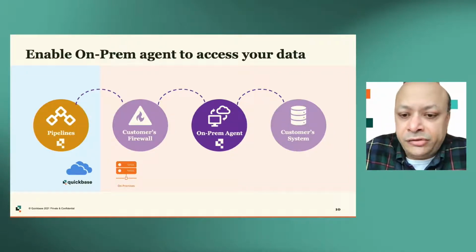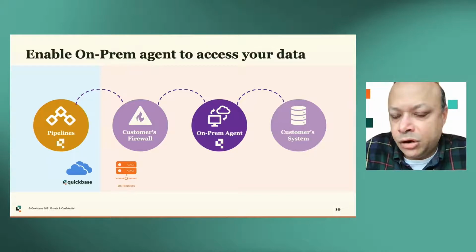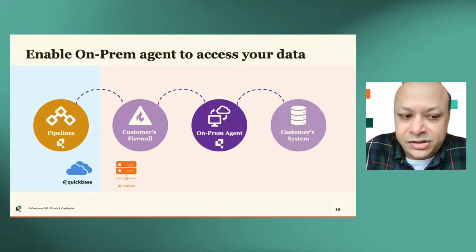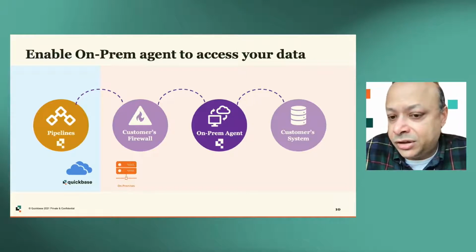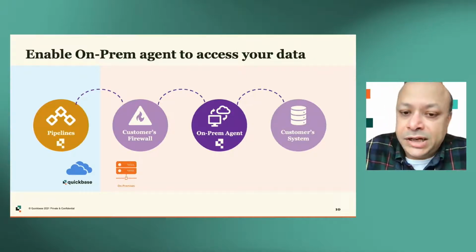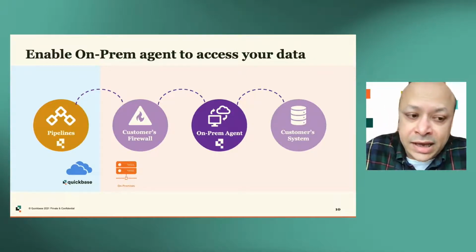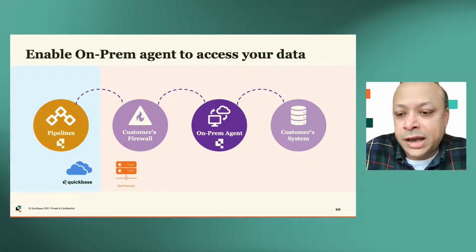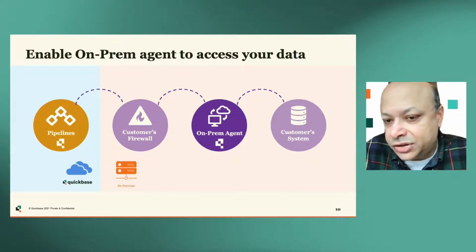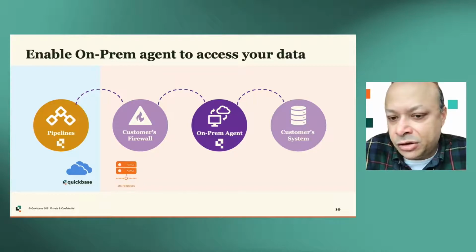The Onprem Agent then queries those records that are of interest and sends them securely over to Pipelines. And again, as I mentioned, this is bidirectional. Data from Quickbase can come back into your system of record that you're maintaining on-prem if you so desire.